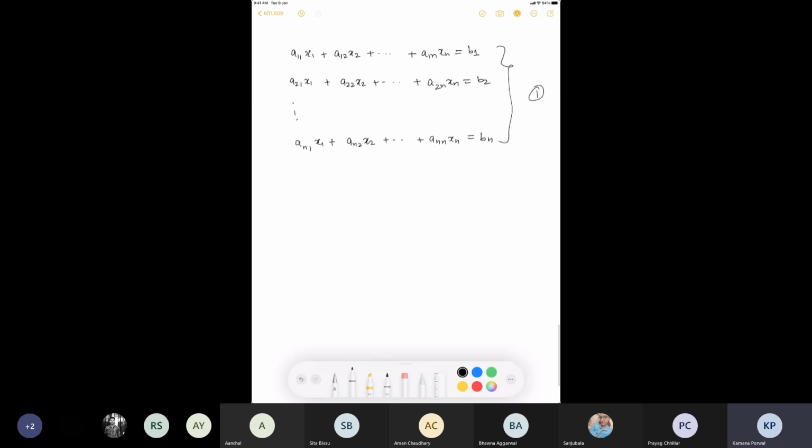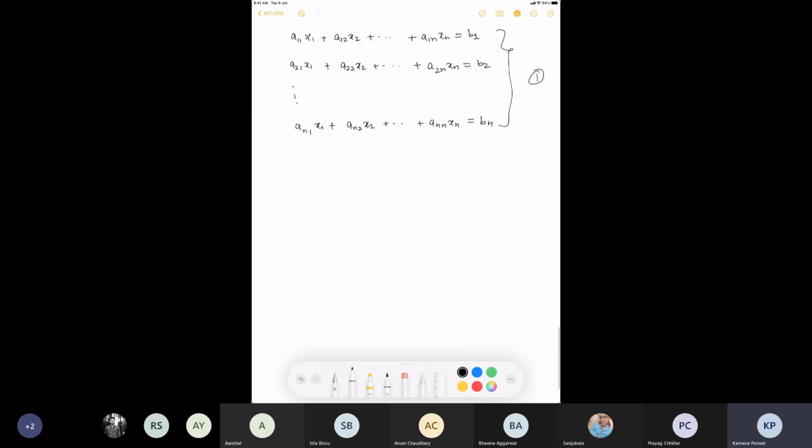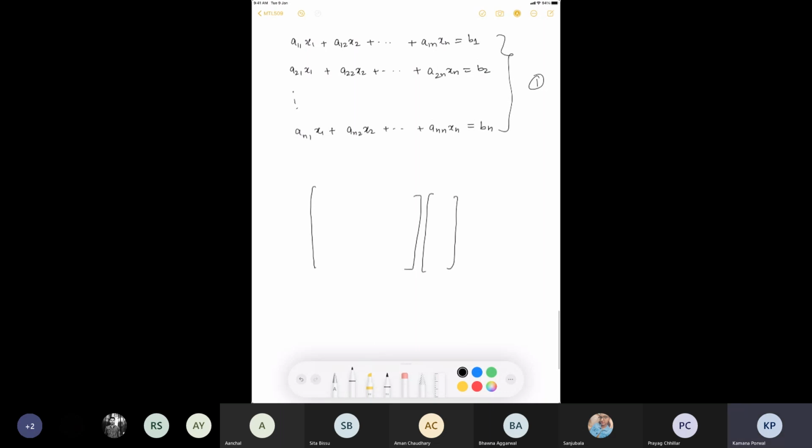Okay. So this system, we can write it in the matrix form. Let's first write it down. We'll have x1, x2 up to xn. The matrix here is going to be a11, a12.